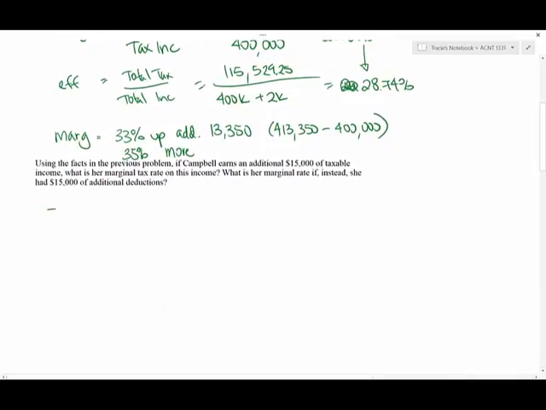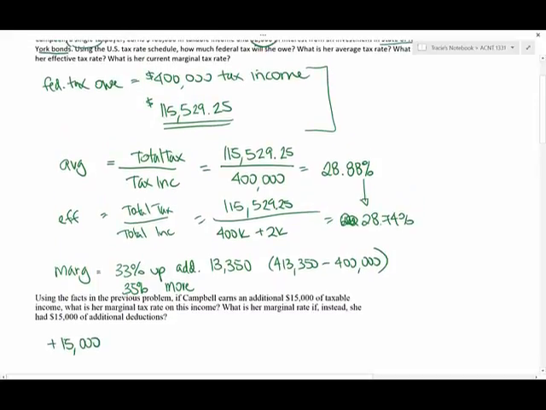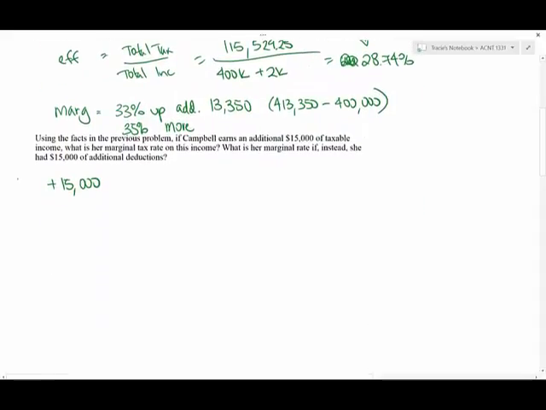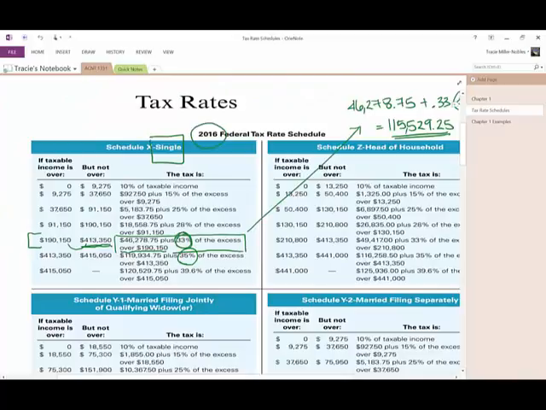Let's do if she increases by $15,000. I have to go back and recalculate the federal tax owed under the new scenario. She had $400,000. I'm going to add $15,000 to it, so I'm going to have $415,000. That's going to put her into that higher tax bracket. So now she's going to be in the 35% tax bracket.